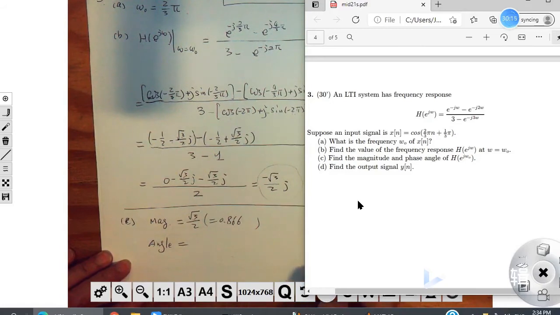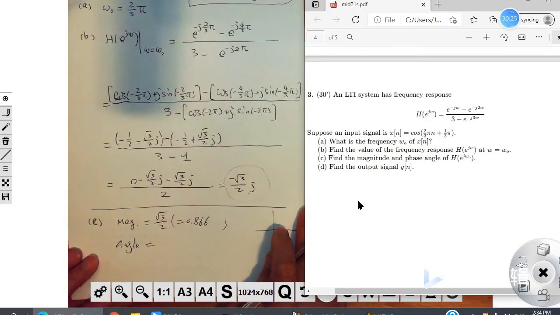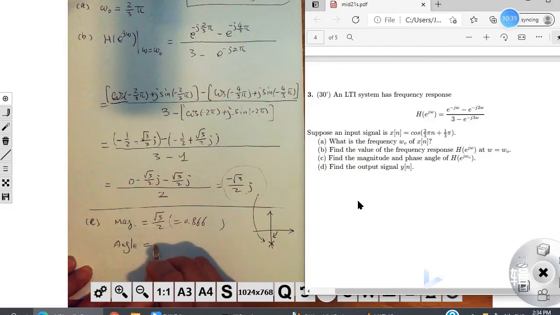If you give a graph, you can see the point will be here, some negative value times j. So the angle is negative pi over 2.